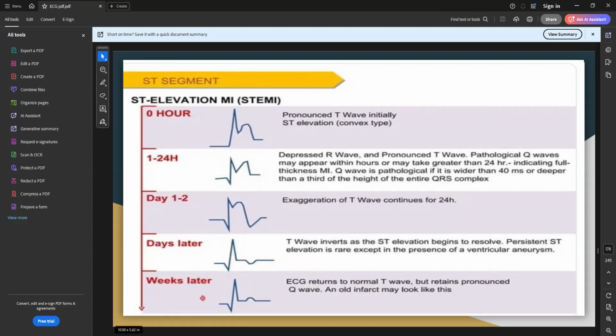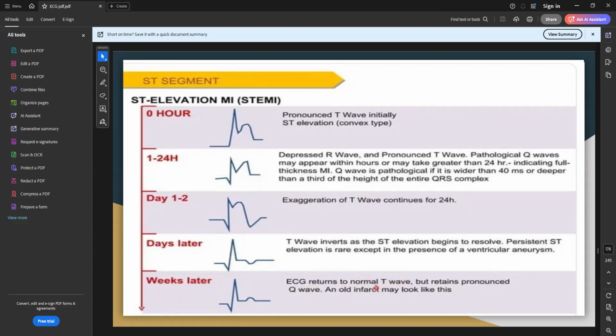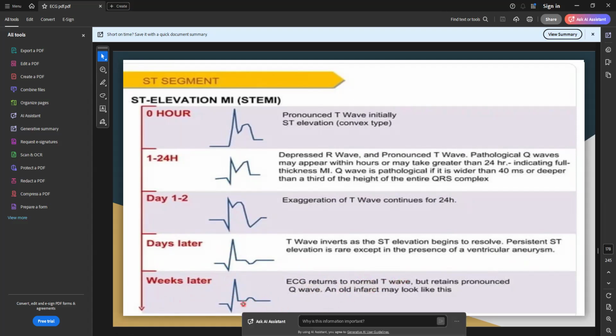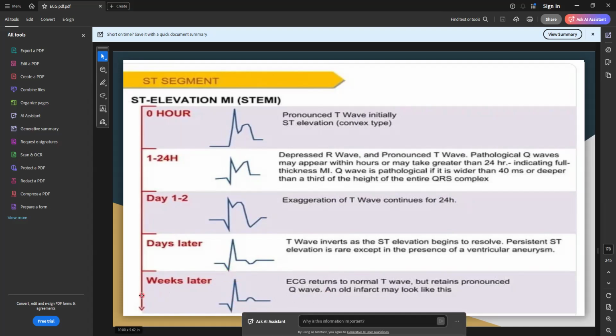After a few weeks to months, the T wave returns to normal, and minor ST segment elevation will be there, but the pronounced Q wave is retained. After 1 to 2 days, the Q wave starts increasing in size, and weeks later there will be a pronounced Q wave. This is how the old infarct looks.